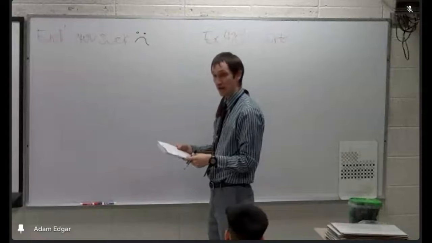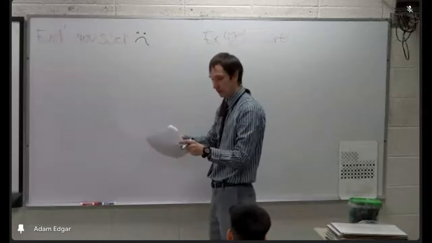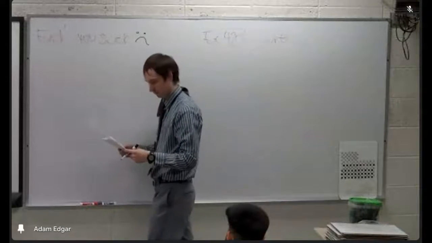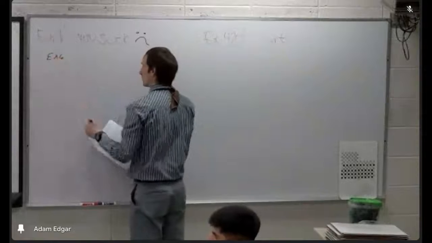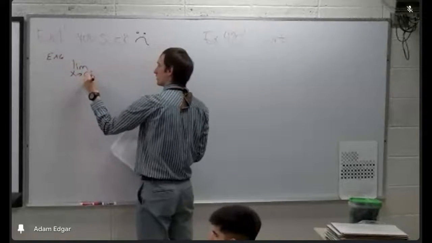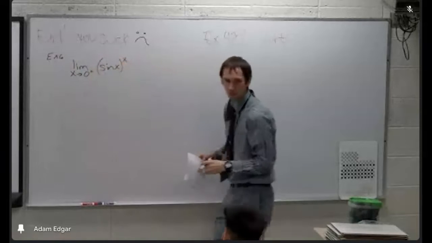Sine of x all to the x, or 1 plus 1 over x, all to the x? 1 plus 1 over x. Sine x. Yeah, I think it's not sine x. Okay, 1 plus 1. We're kind of learning. We'll do the other one on Monday probably. I think I should learn. I want to do this one. And then it's also like a fraction.